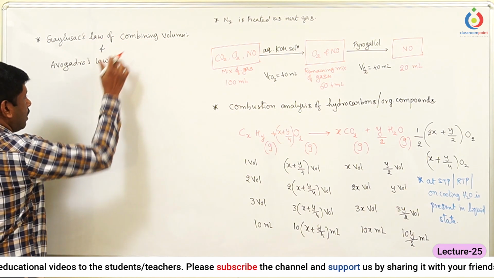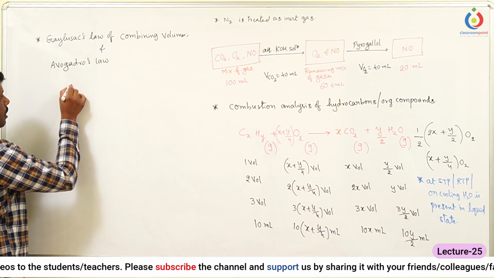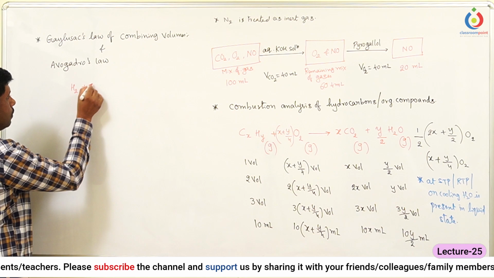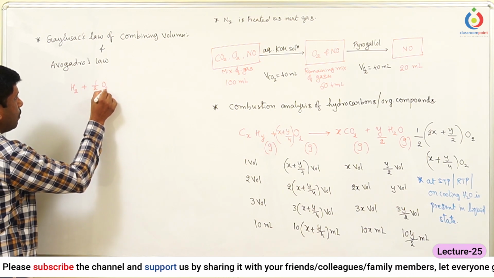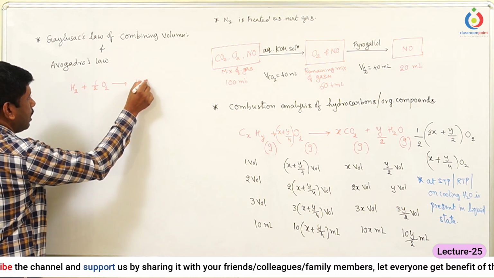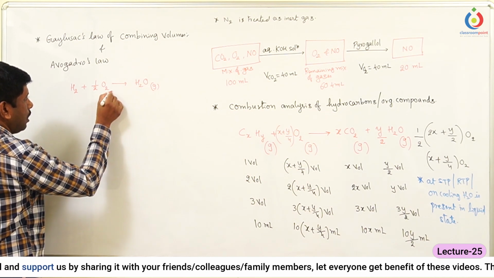So Gay-Lussac's law of combining volumes says that, let us take an example. H2 reacts with half mole of the oxygen, producing H2O in gaseous state. All are in the gaseous state.